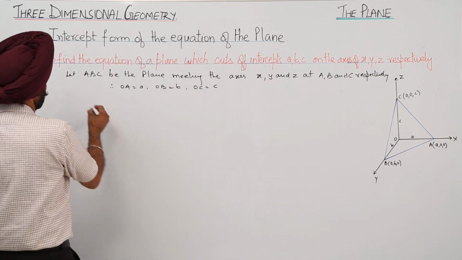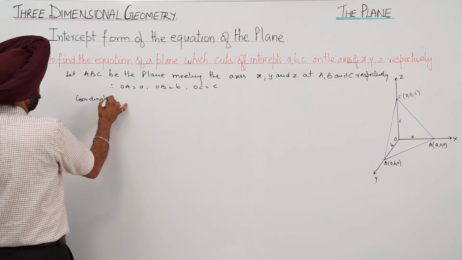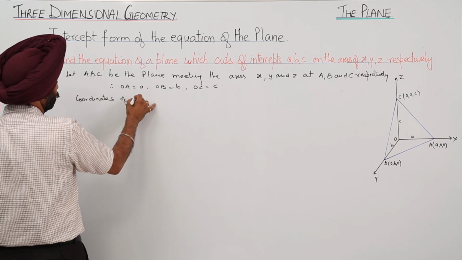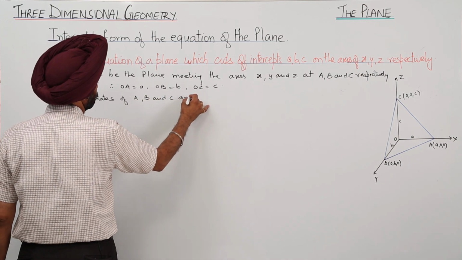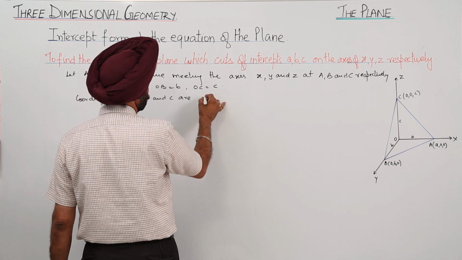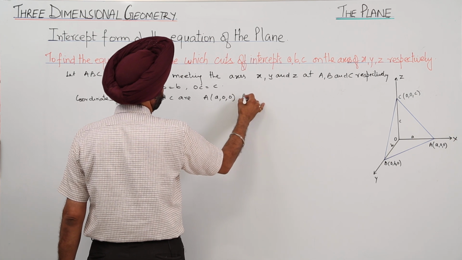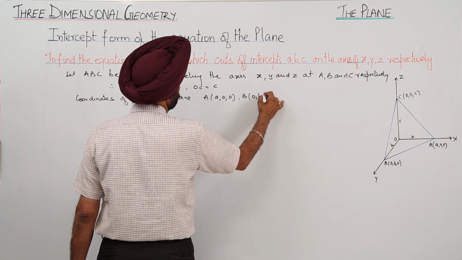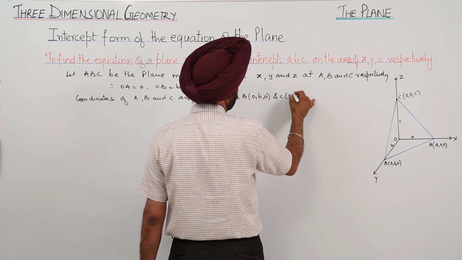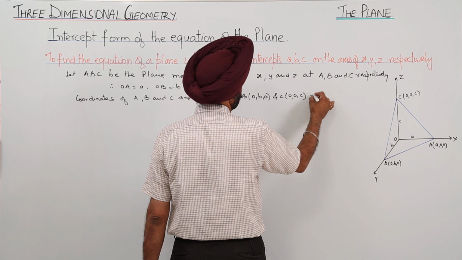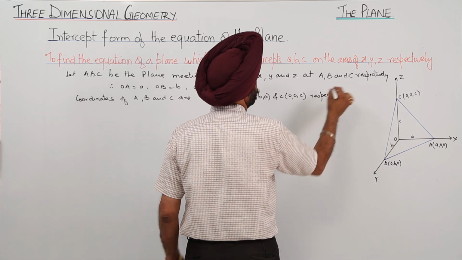Now, the coordinates of A, B and C are (a, 0, 0), (0, b, 0) and (0, 0, c) respectively.